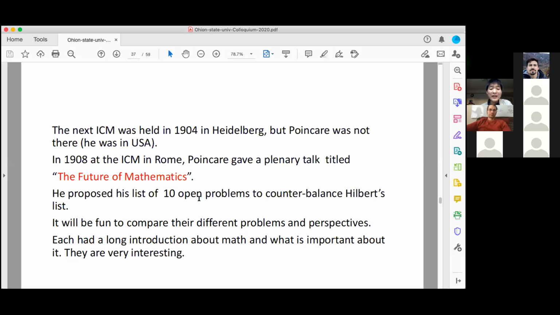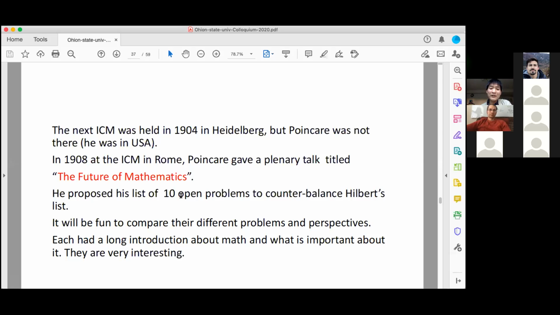He proposed a list of 10 open problems to counterbalance Hilbert's list. If you have never looked at Poincaré's list, it'll be fun to compare them. Each has a long introduction about the mathematics and what is important about it, so they are quite interesting to read.